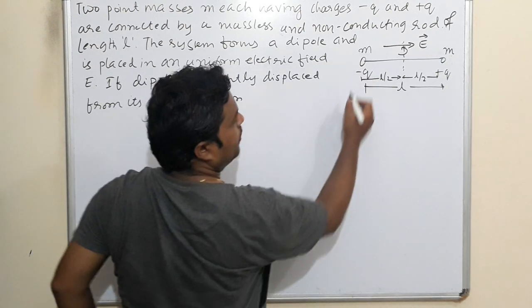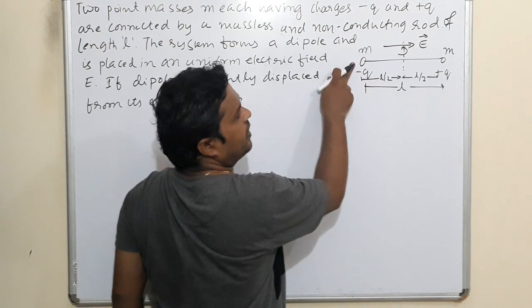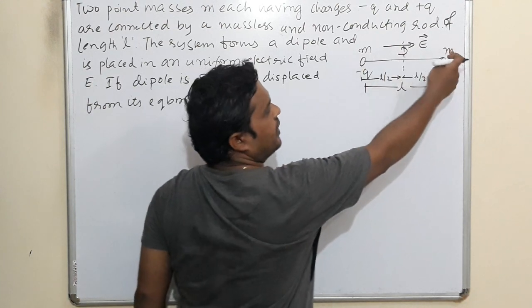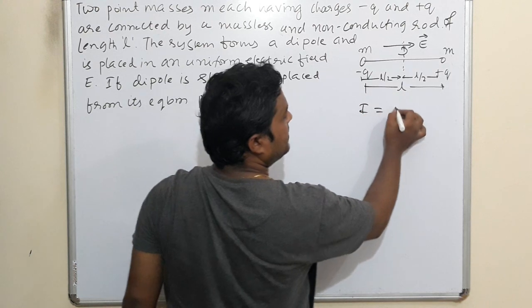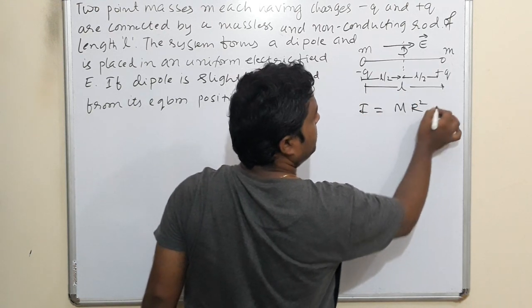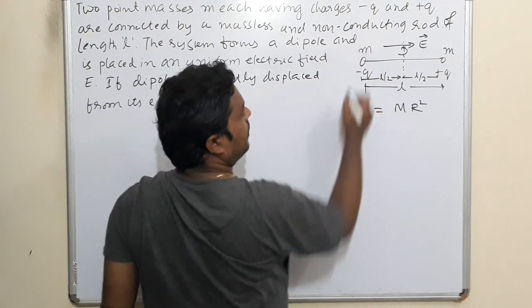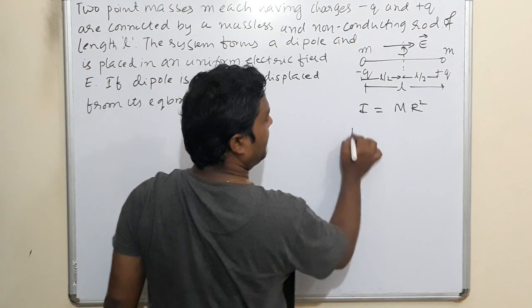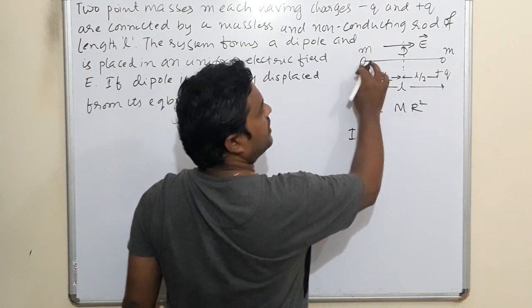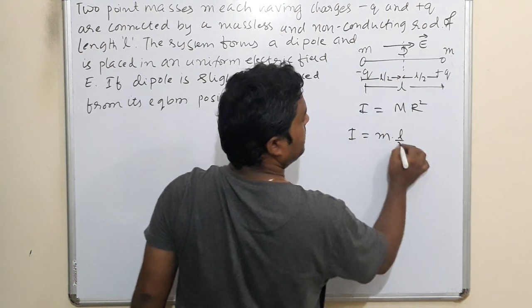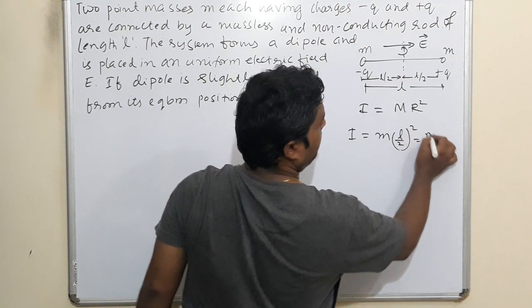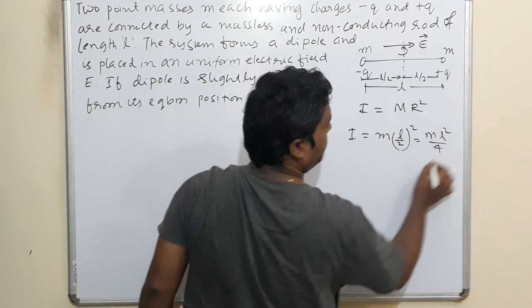Then how will you find the moment of inertia? Moment of inertia of this particle about this axis, moment of inertia of this particle about this axis. What is moment of inertia? Mass into distance square. See, moment of inertia of this particle is mass into, what is the distance? Distance is L by 2 whole square. Then it is ml square by 4.